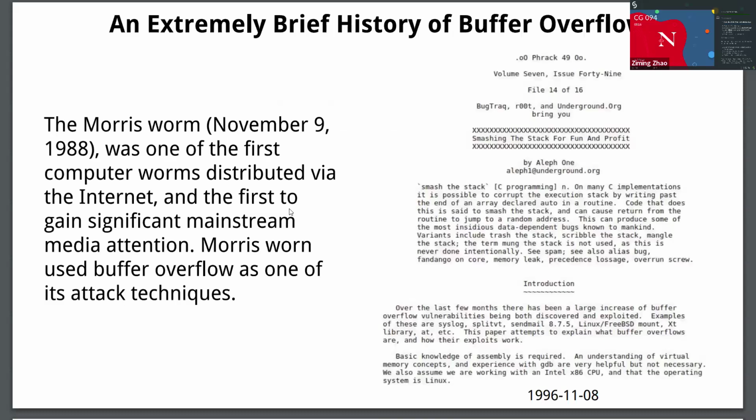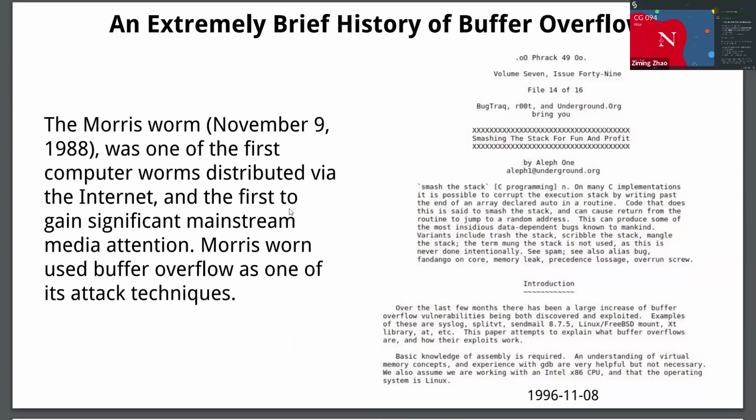A little bit of brief history of this. This is one of the earliest system and software bugs discovered. People believe it was discovered maybe in the late 70s or early 80s, but it was not until 1996 that there was a very nice, well-written article called Smashing the Stack for Fun and Profit.